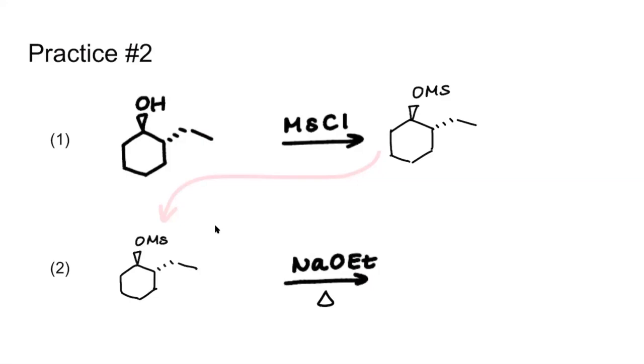And so we have NaOEt. We also have heat. And if you remember, heat is going to mean we prefer one of the elimination reactions. So based on this, the NaOEt, do we think it's E1 or E2?